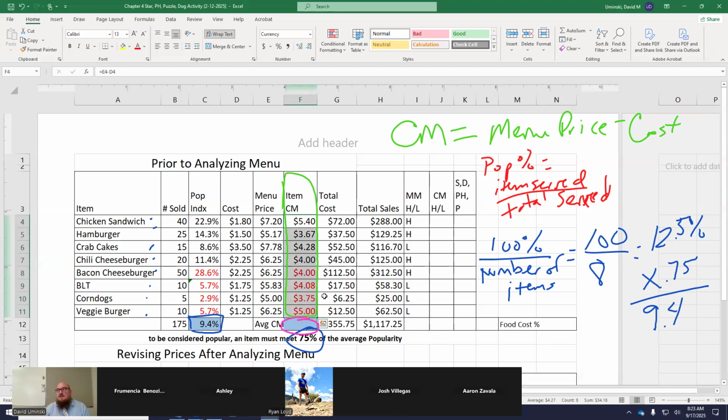Your homework assignment and your chapter 4 exam, you have the option of using the Excel version or the PDF version. I would recommend using the Excel version. Why? It's easier. We just plug and play most of it. Because with the Excel version, you can have Excel help you with the math versus trying to add up all of these.